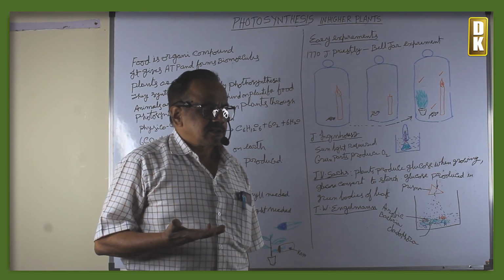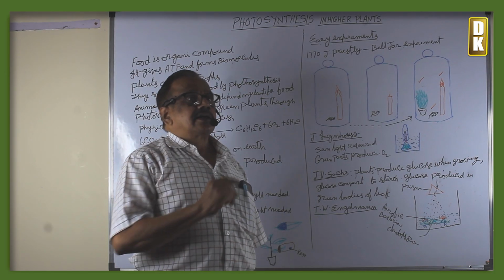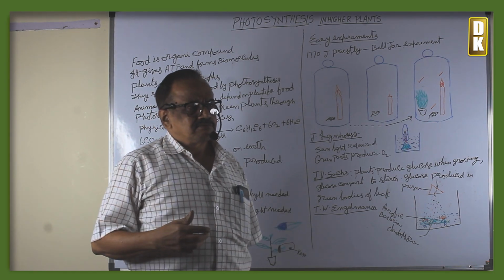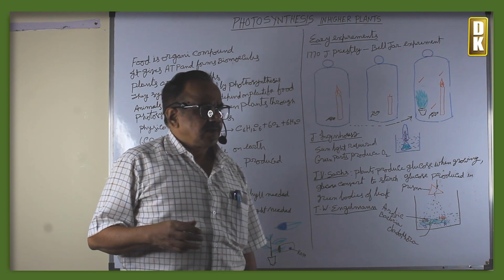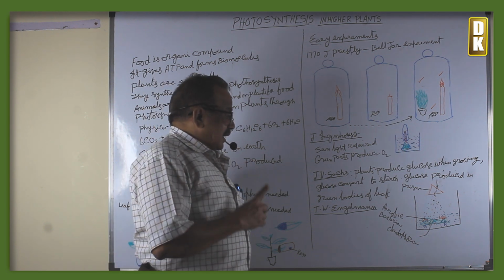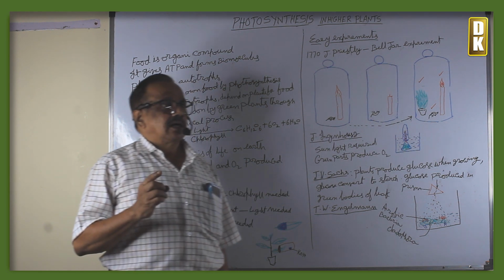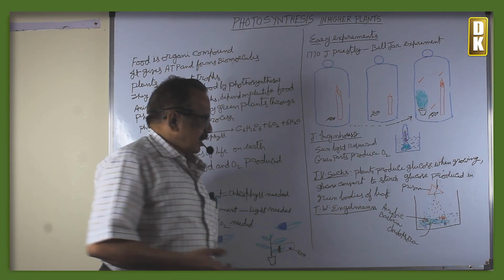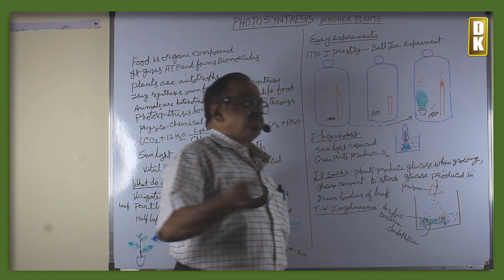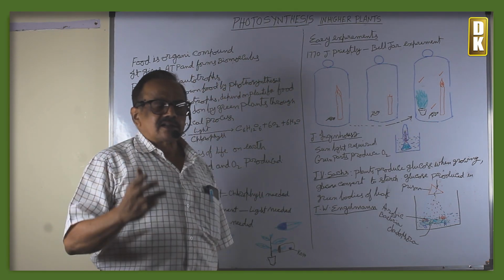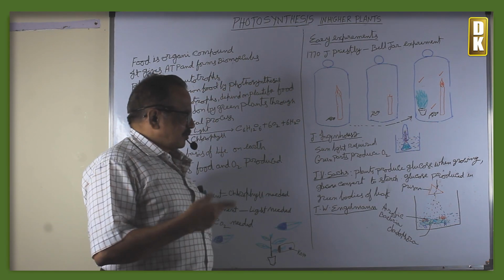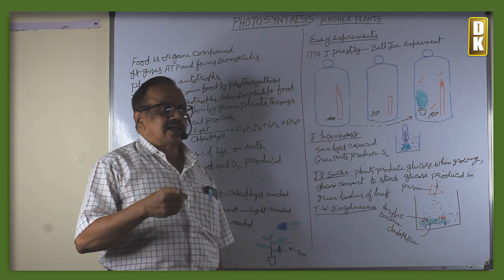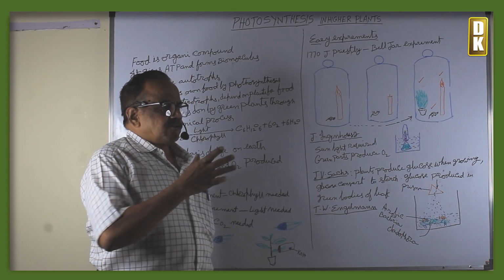Where oxygen is available, there they will develop or go. So at blue and red light places the aerobic bacteria concentration is very high. Of course, they are present at other places also, very few, but the maximum concentration is at the blue and red light. And he told that blue and red lights are important for photosynthesis.